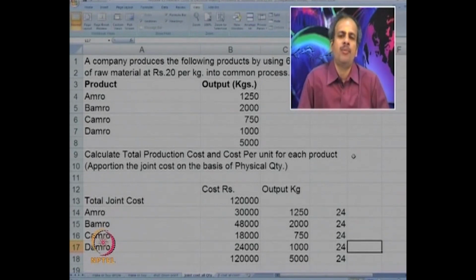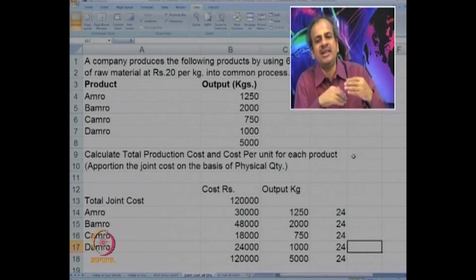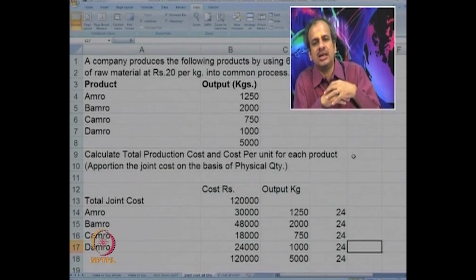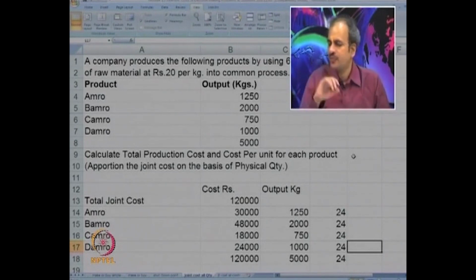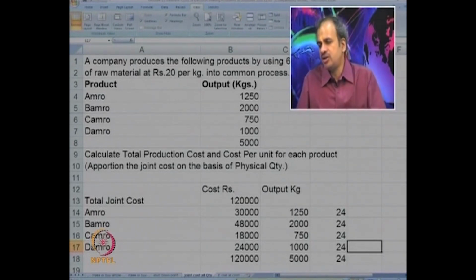So there is a problem: it might be that a product, say Amro, is more important, but we come out with the same cost because we charge it on the basis of number of units or the weights. Okay. Let us see another method also.